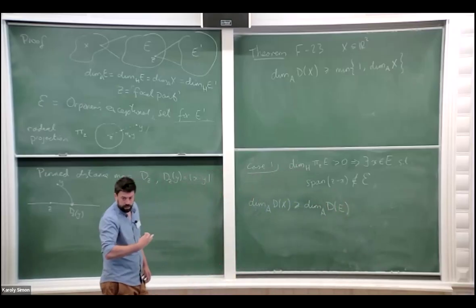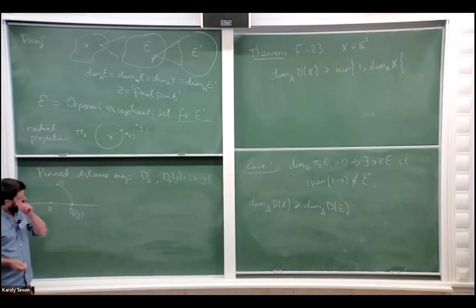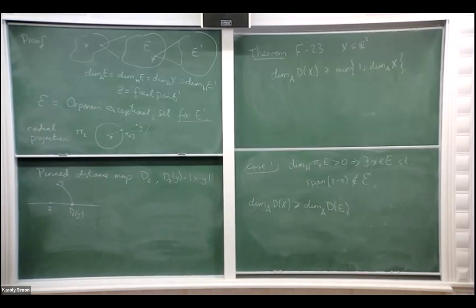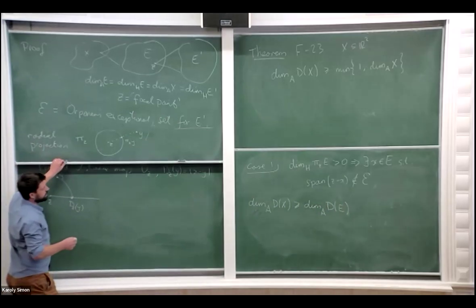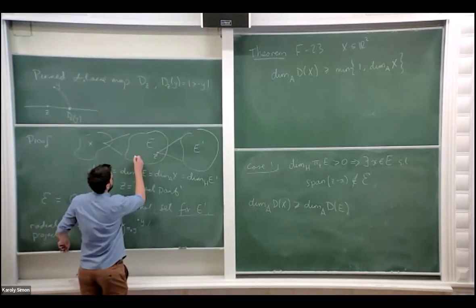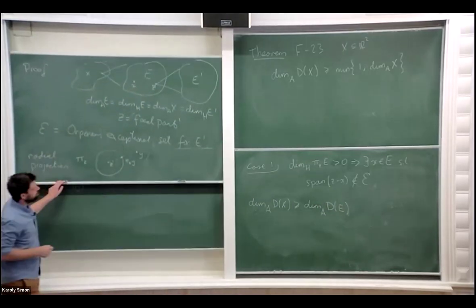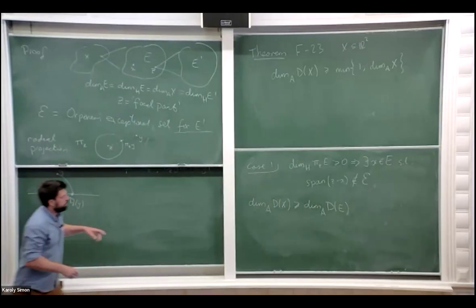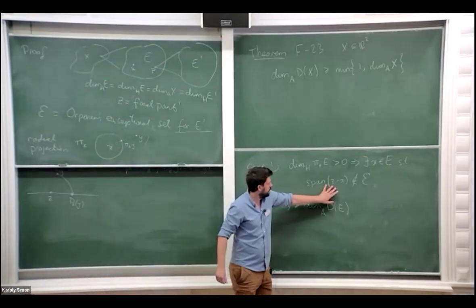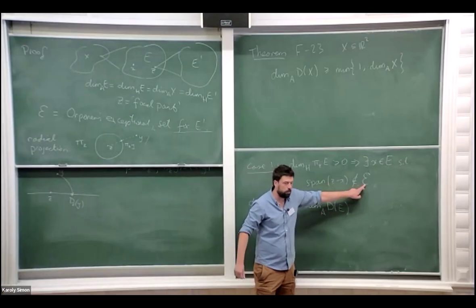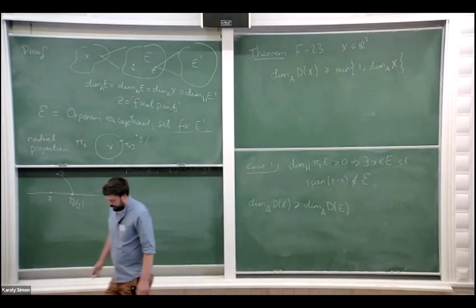Because E is a tangent to X. Right, let's think about the distance set of E now. Look up at this picture. And I'll add the point X to this picture. So here is X. And X was the point where I have this span, this one-dimensional subspace not being an exception to Orponen's theorem.